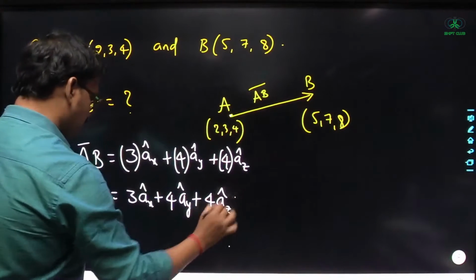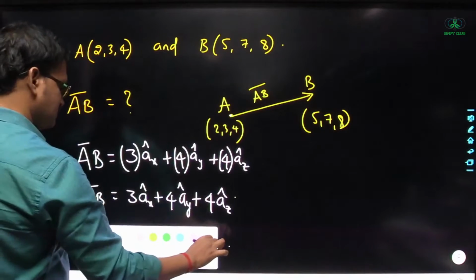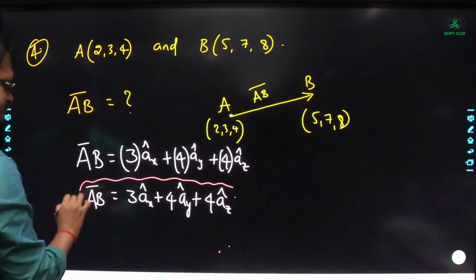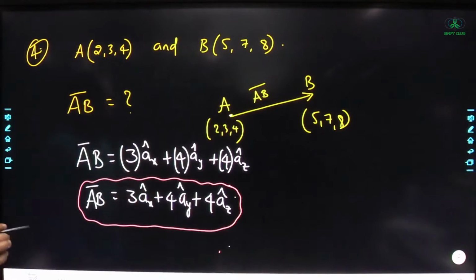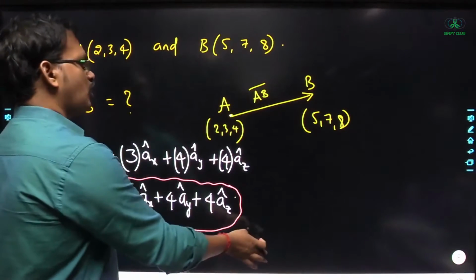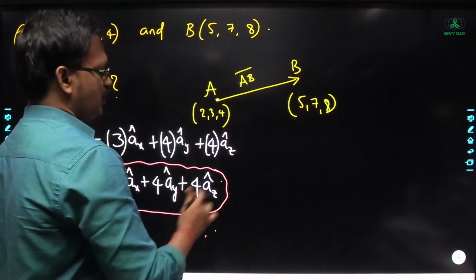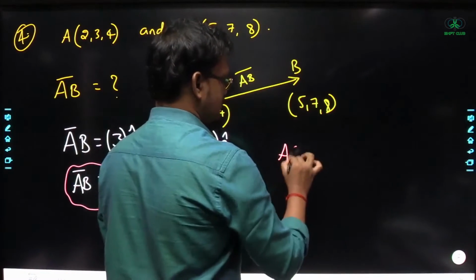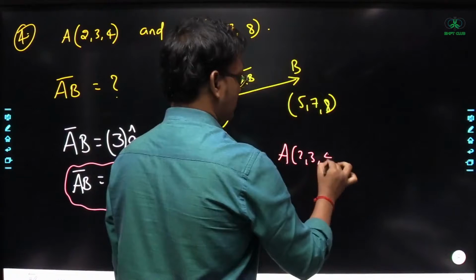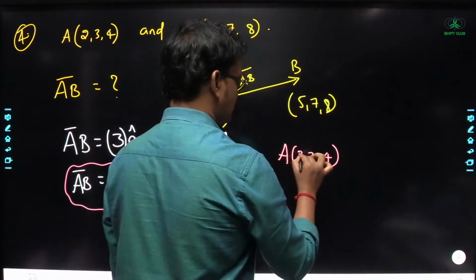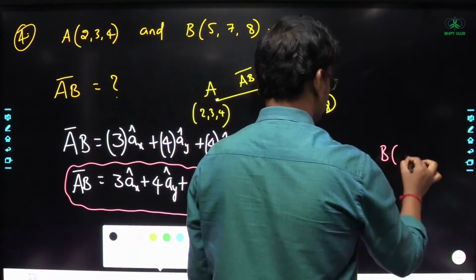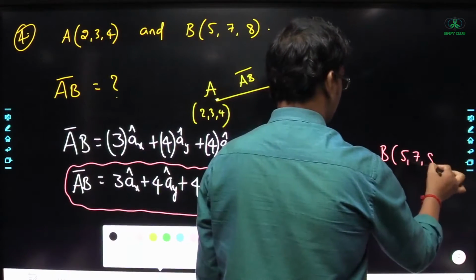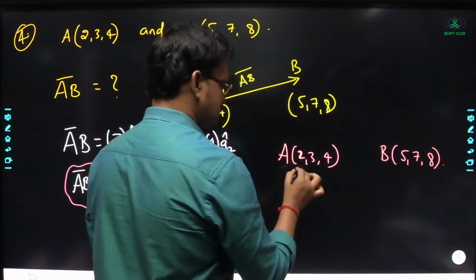So it is a very simple question, isn't it? You can easily represent this. Now if you observe here, point A I have given as 2, 3, 4, and point B as 5, 7, 8. Let us consider the units.